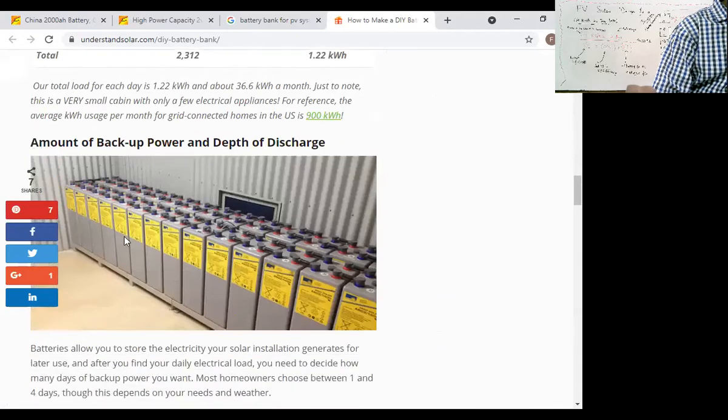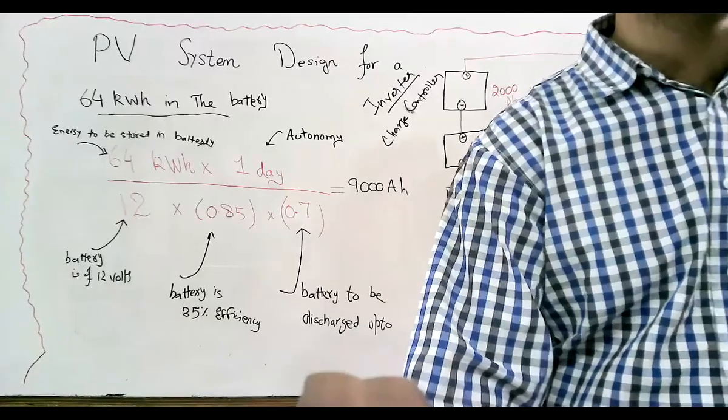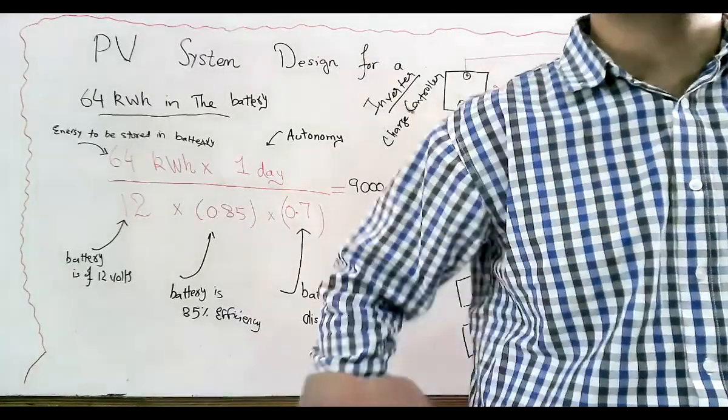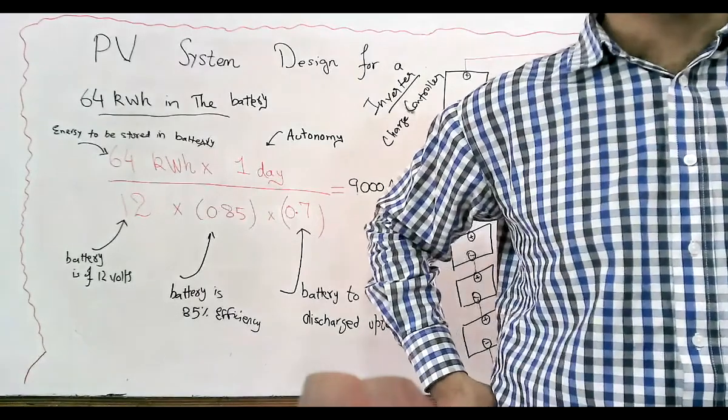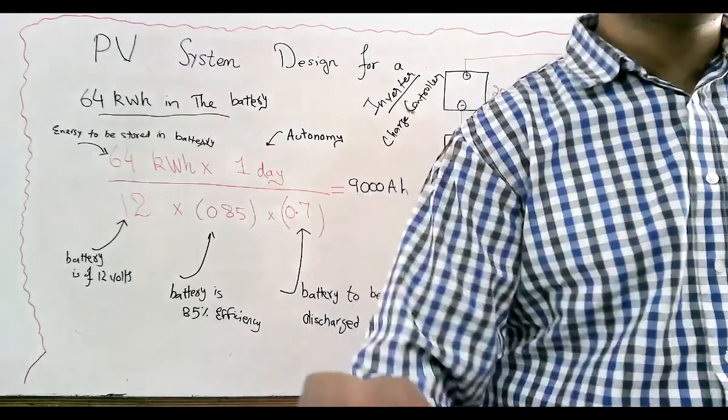This is the battery bank. This is the way you connect these batteries. Understand? So here we end up with this example, which was in fact a huge example where you are designing a system for a remote area where there is no other power supply available.